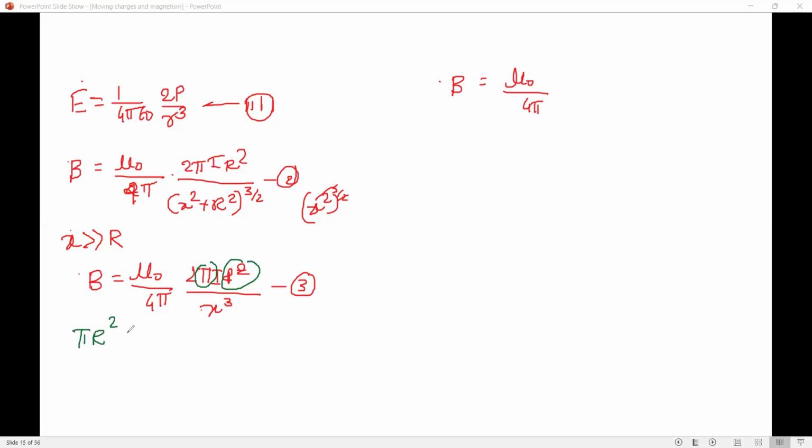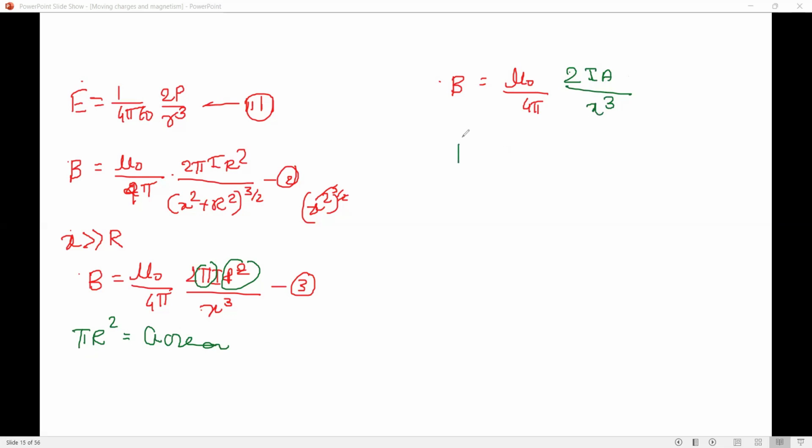This pi r square is the area of the loop. So I can replace that term with area. So pi r square I am taking as area. What remains is 2 into I into A divided by x cube.